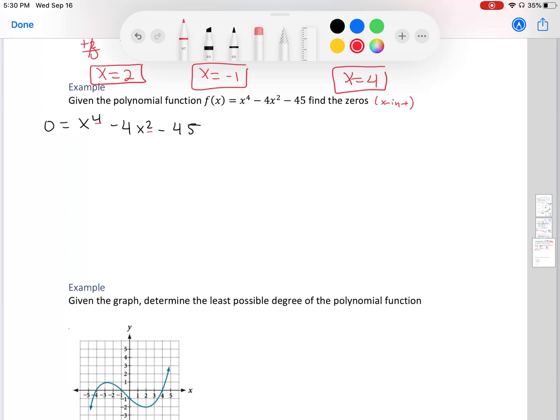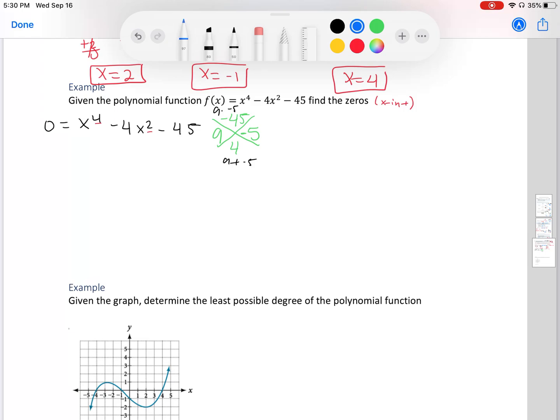Let's look at our numbers. What numbers multiply give me 45 but add to give me 4? 9 and 5 I think work. Where if I make 5 negative, so that I have 9 times negative 5, I get negative 45, but 9 plus negative 5, I get 4. Cool.